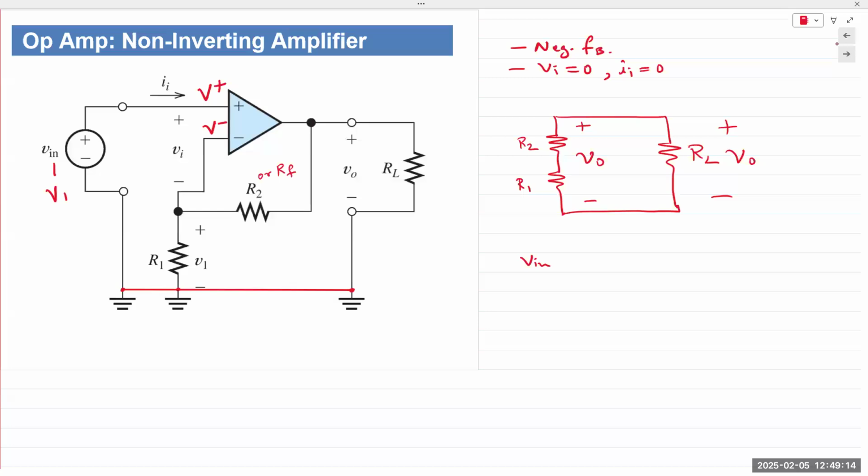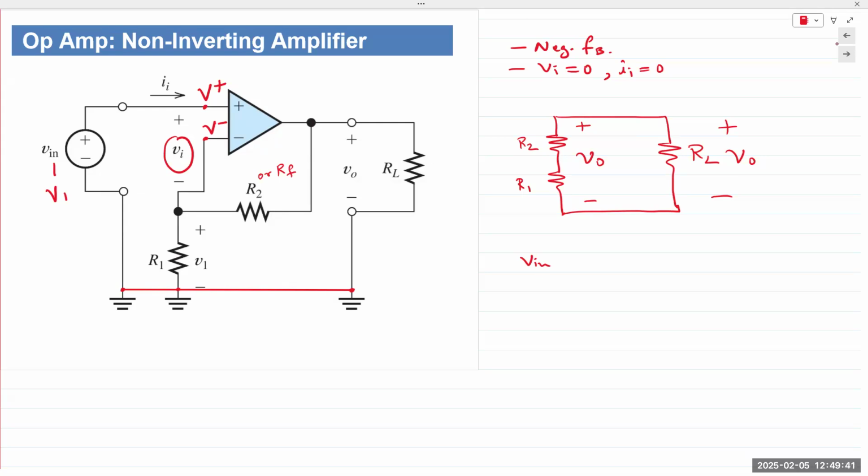So this is VI right here. VI is, because of the virtual short concept, if you apply V in at the non-inverting terminal, we also say it's the same as the inverting terminal.